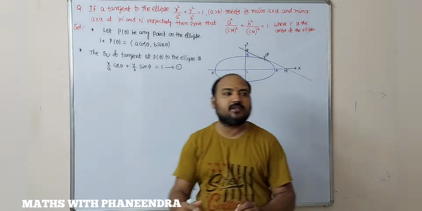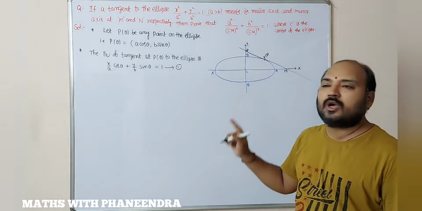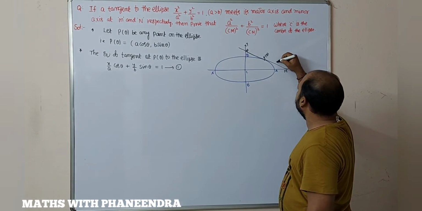Equation number 1. This is the equation of tangent at P of theta to the ellipse. This equation only. This is equation number 1.